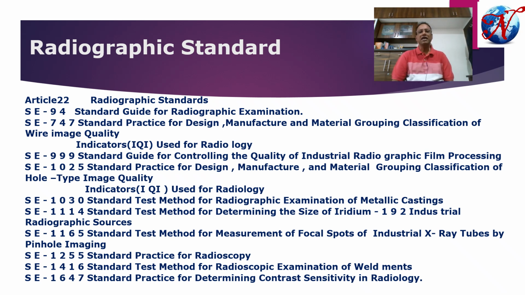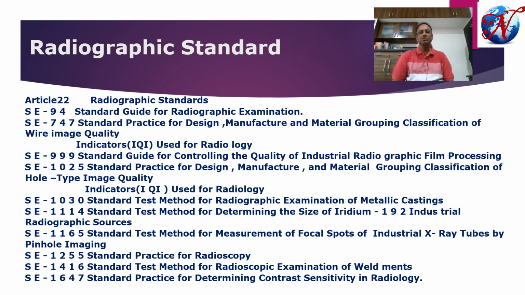SE-94 is the standard guide for radiographic examination. SE-747 is the standard practice for design, manufacture and material grouping classification of wire type IQI. SE-999 is the standard guideline for controlling quality of industrial radiographic film processing. SE-1025 is the standard practice for design, manufacture and material grouping classification of hole type image quality indicator.